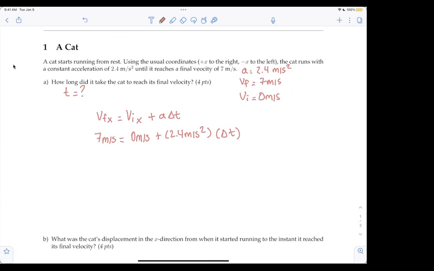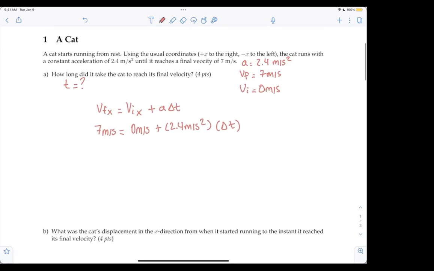Okay, we got 2.9. Anybody else got 2.9? Same for Hiba, okay.